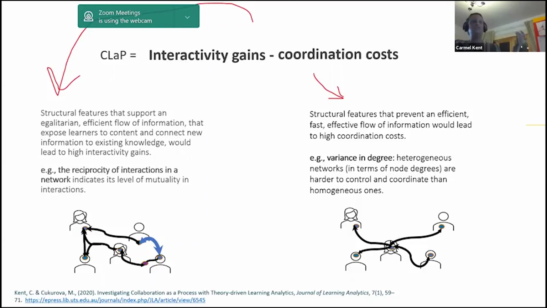The variance in the degree is very high because she has a very high degree and they have a very low degree, and she's some kind of a bottleneck. It would be very hard to control and coordinate such a network, much harder than the one on the left side.